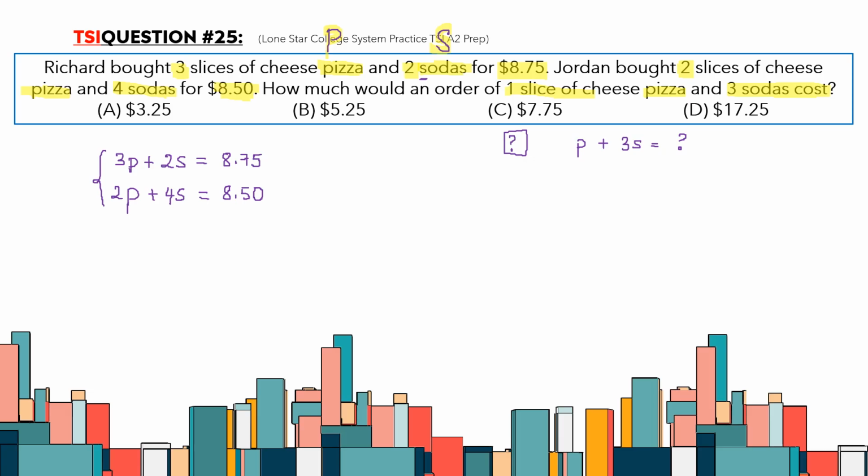I will multiply the first equation by 2.